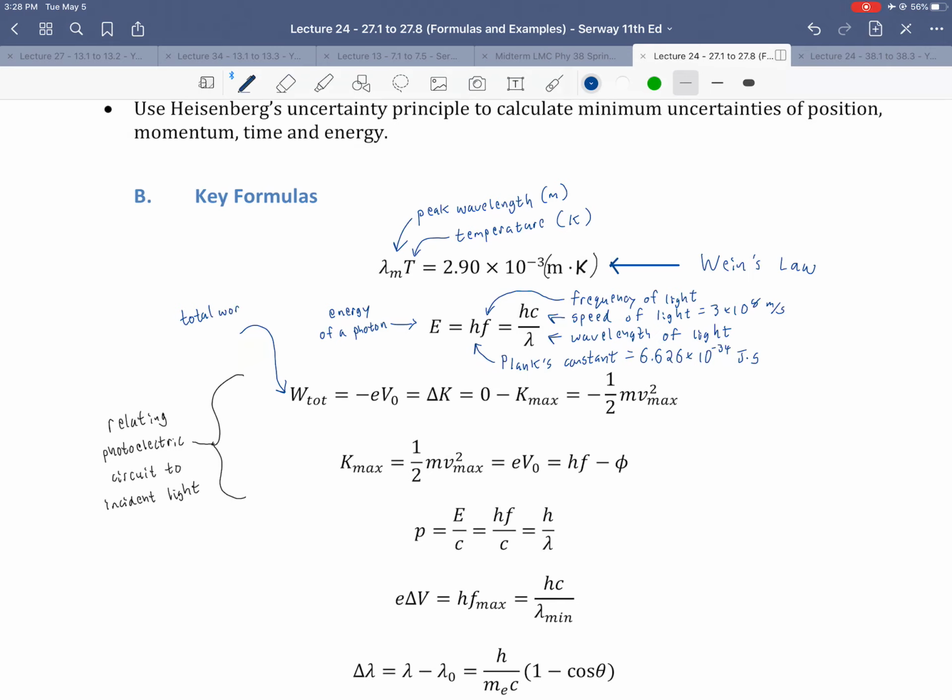That would be the external work being done on them. These are the electrons that are getting kicked out of the metal because there's light coming in. The light is causing the metal to absorb energy, and then that metal gets so energetic that some of its electrons just bounce away.